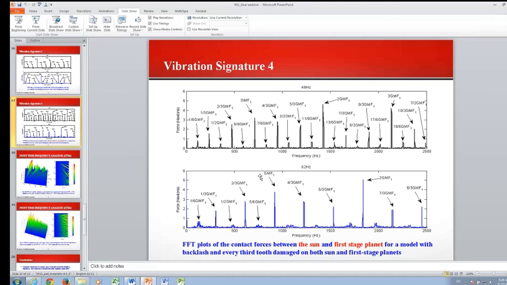In our study here, I only talk about the defect of the tooth. We only simulate the tooth damage. And we can also simulate the eccentric gear just by making the teeth a little bit larger for one gear.